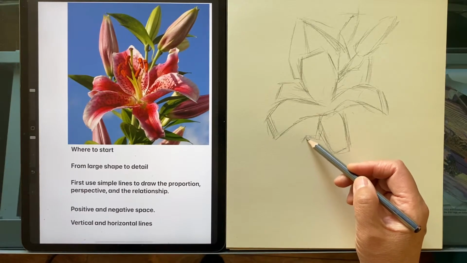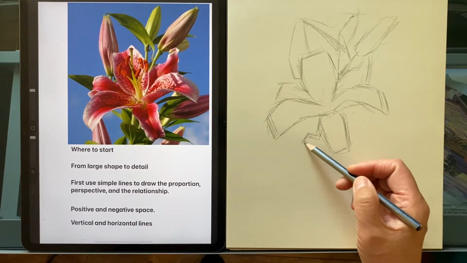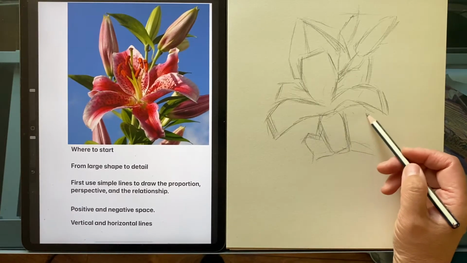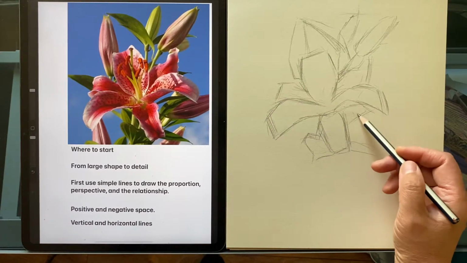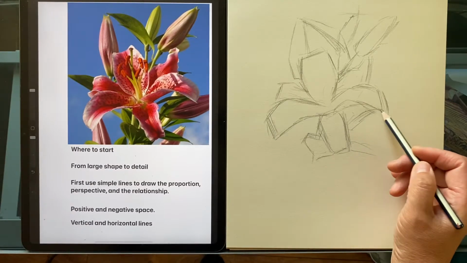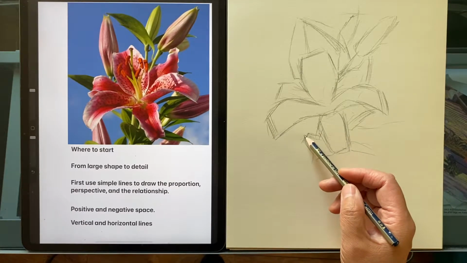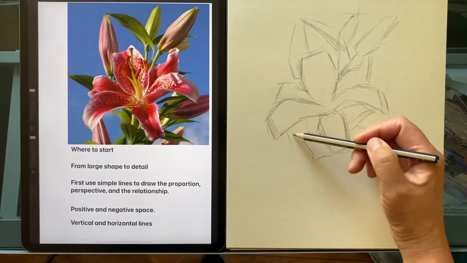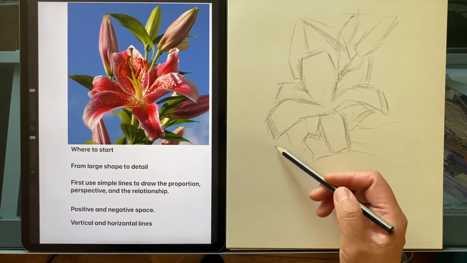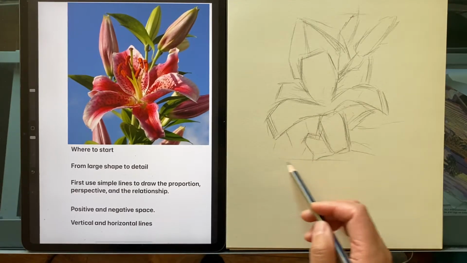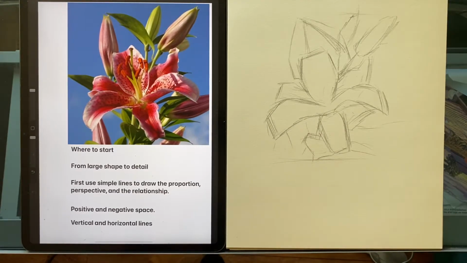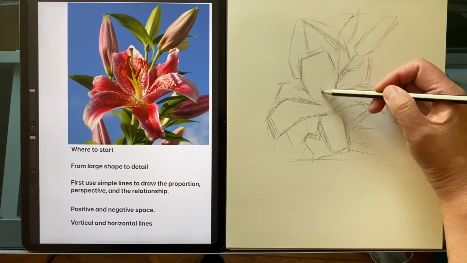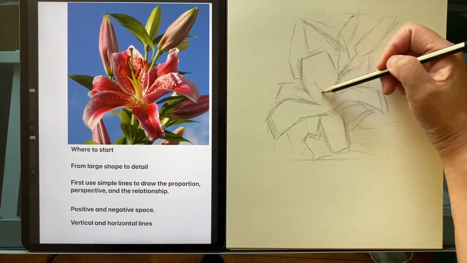Is here. I'm going to skip that. Just not going to draw this one. That's it. Okay, now I'm going to put this in the right place.